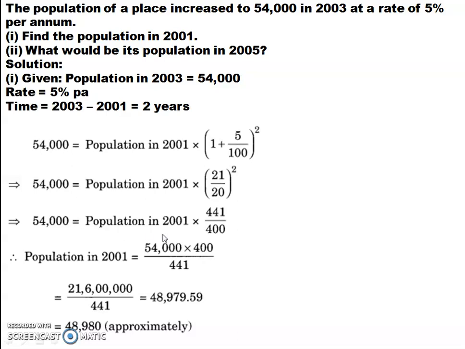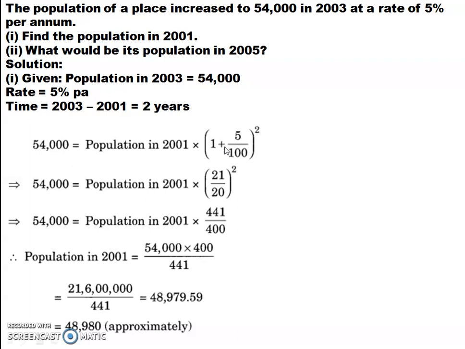Now doing the calculations, you will get population in 2001 as 48,979.59. You know that 0.59 such a person will not be there, so you will round it off as 48,980 approximately.